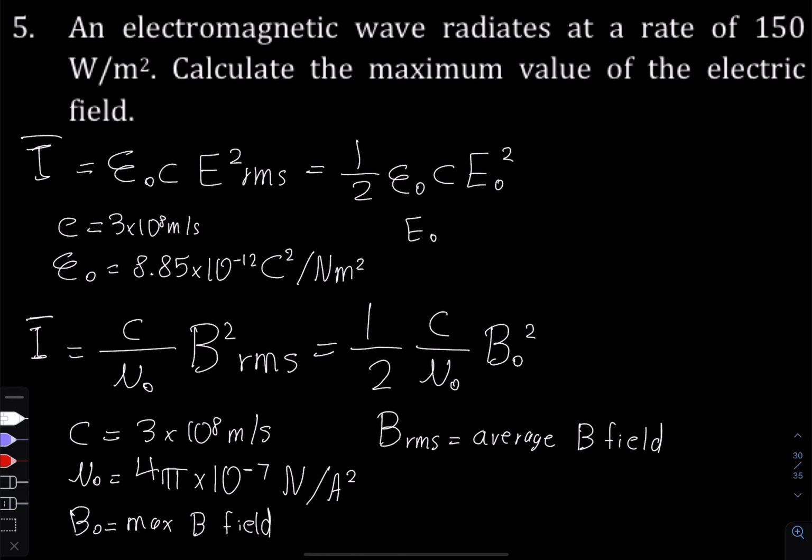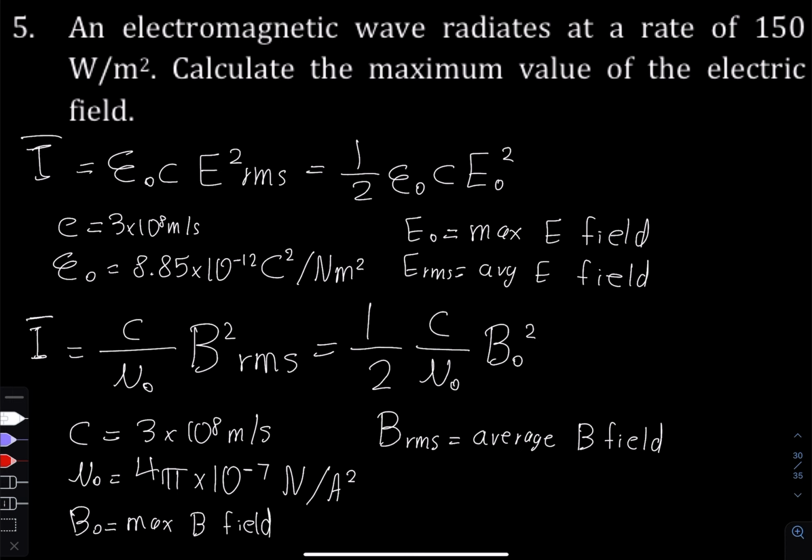And then same thing again. E naught is the maximum electric field in this case, as opposed to magnetic field. And then E RMS is average electric field. So that's basically how this works, and you should write these equations down so you know them. In this problem, we're asked about the maximum electric field.